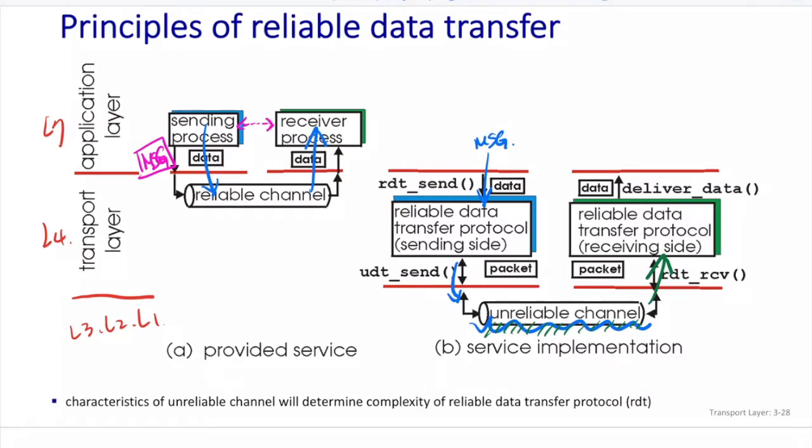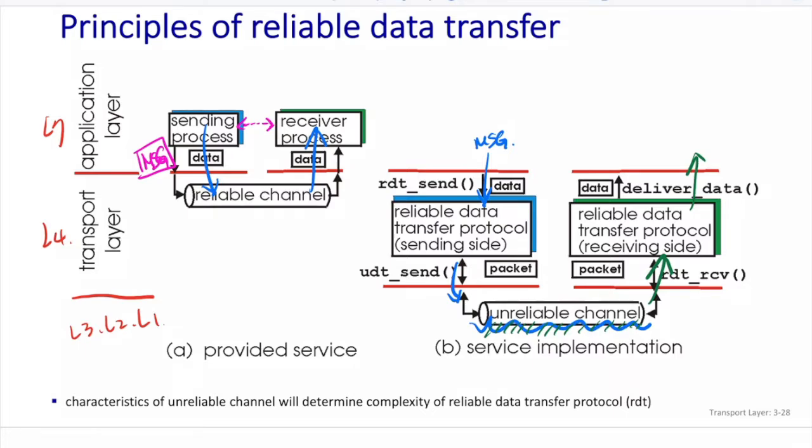So those two programs are indeed very complex. After that they deliver the message to the receiver's process, and the receiver process will have an illusion that the underlying transport layer is very reliable, although actually the underlying layer 3, layer 2, layer 1 is unreliable.